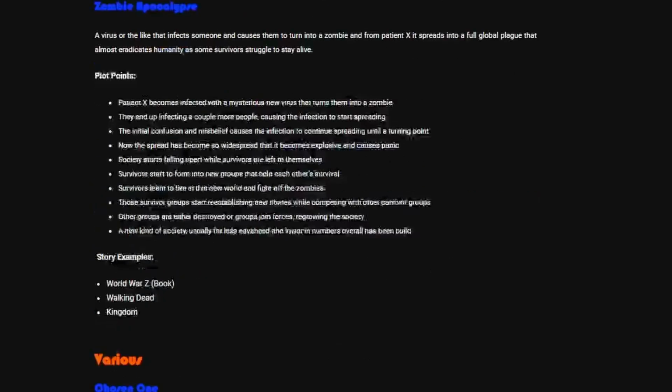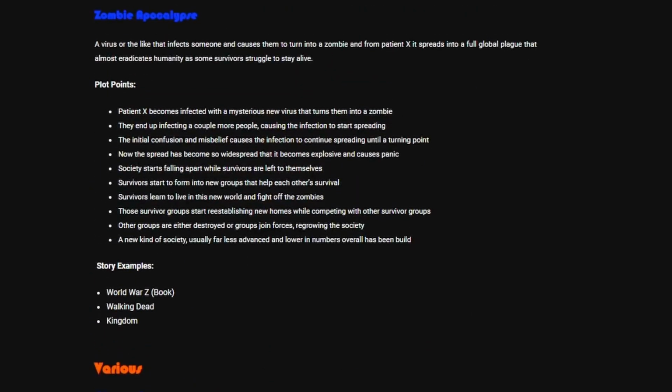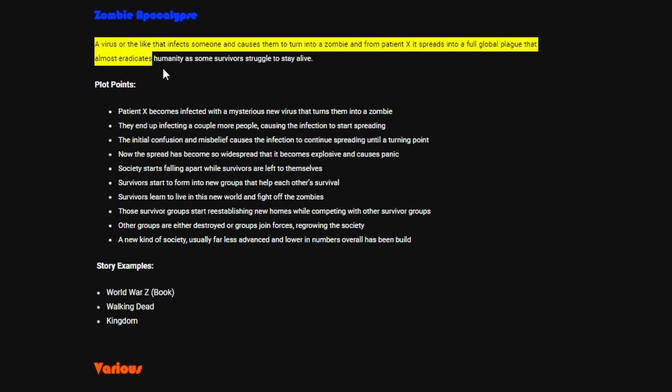And I broke it down into a bit of a summary of what the plot archetype is all about, the plot points, and then story examples that I thought of. If you have more examples for the ones that I already have, or if you have ideas for plot archetypes that are missing, you can let me know and I would add it here and also try to break down the plot points.